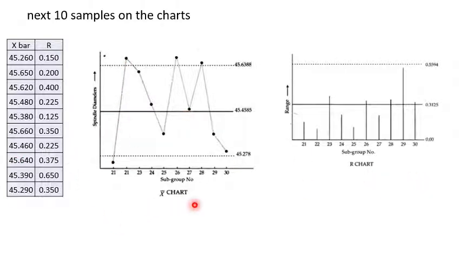For the X bar chart, we already calculated the upper control limit and lower control limit, and similarly we calculated the upper and lower control limits for the R chart. And when we plot these remaining 10 samples on the chart, we get this X bar chart, and for the R chart we get this.